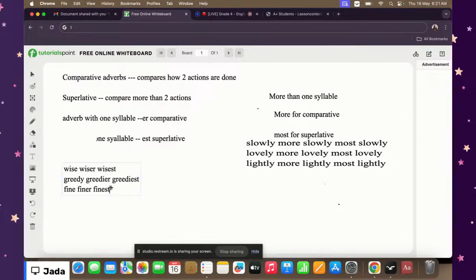So your answer is supposed to be added for one syllable, just like lovely, lovelier, loveliest. But now we are onto the more than one syllable, okay?